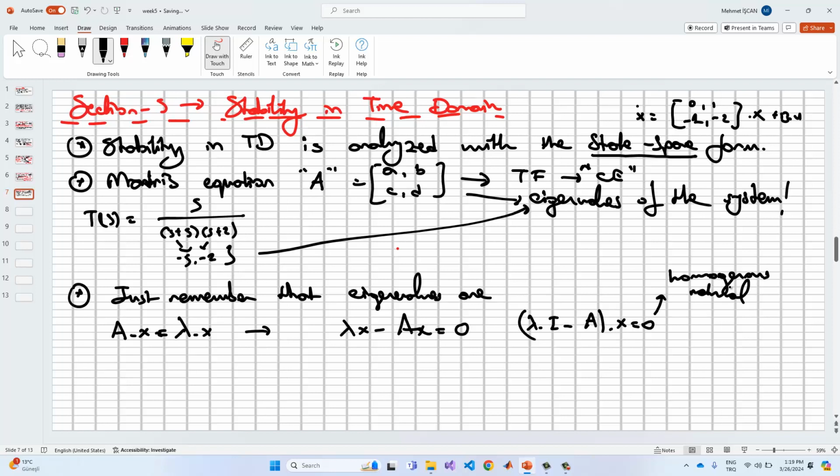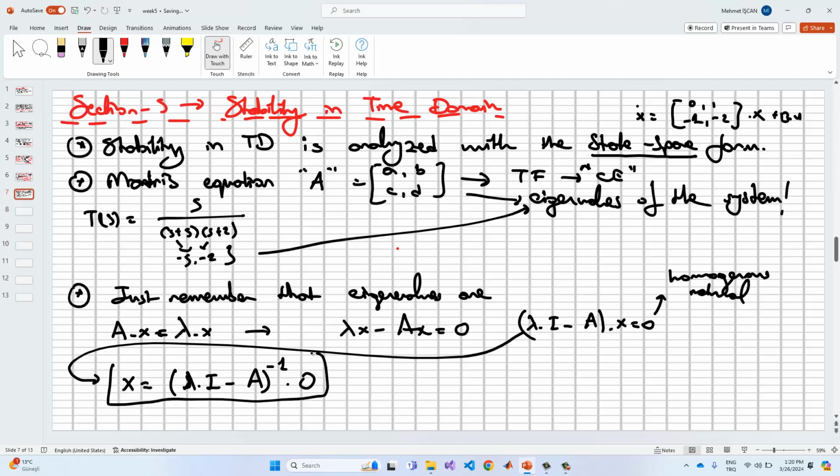Or in differential equation, the homogeneous form of solution, which we call in this lesson the natural response or the natural solution, which is equal to the eigenvalues. Okay? And so this x can be written as (lambda I minus A) inverse times 0. This is the basic solution for the output of these equations. Okay?